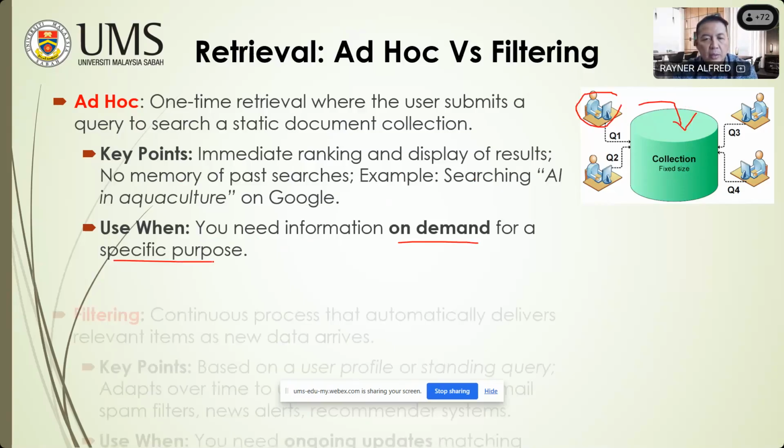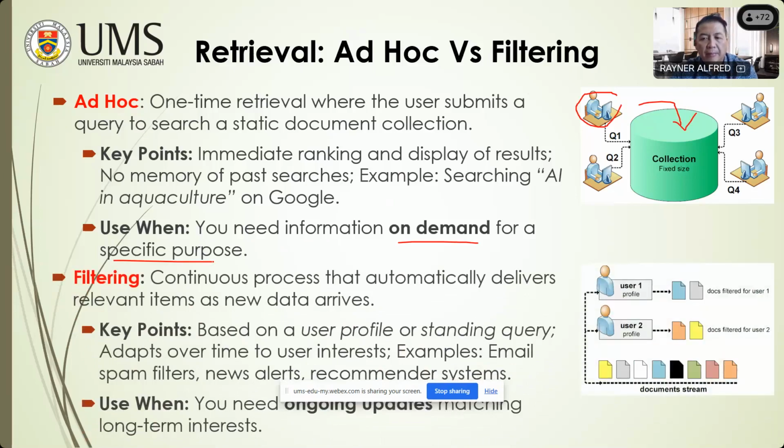But nowadays, we have this filtering where each user will be given a document based on the profile that they have. If you, on a web browser, log in your Google account, they know what is your background. They know what are the past searches that you have done. So they will narrow down the document based on the profiling that you have. They build your profile based on your history of Google queries.